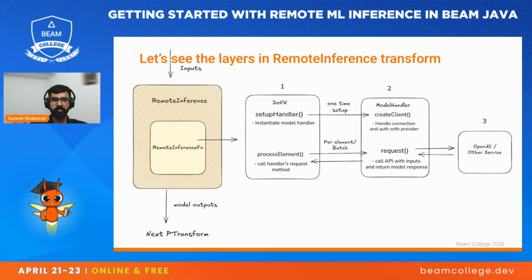This works during pipeline execution when the transform receives inputs from the previous stage, and it calls the request method of the model handler and passes the inputs. The request method calls the actual OpenAI service or some other model service, and returns the model's response as input and output pairs, and the result is passed on to the next transform.